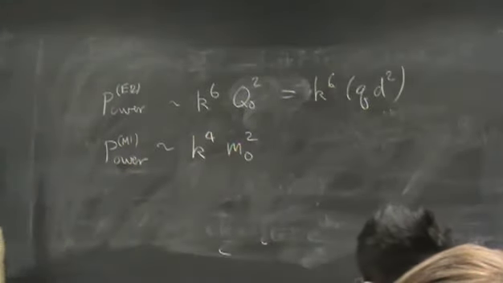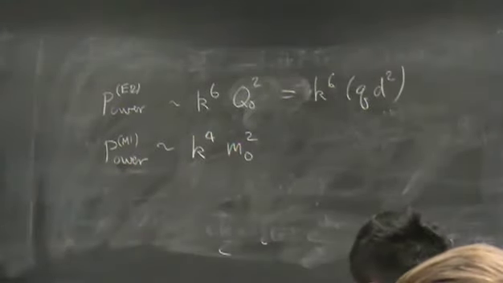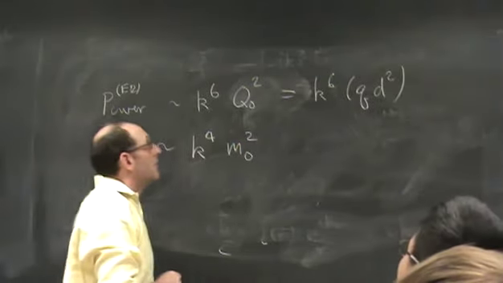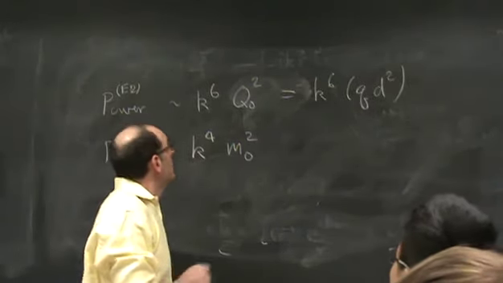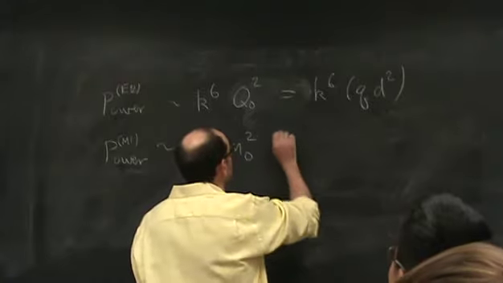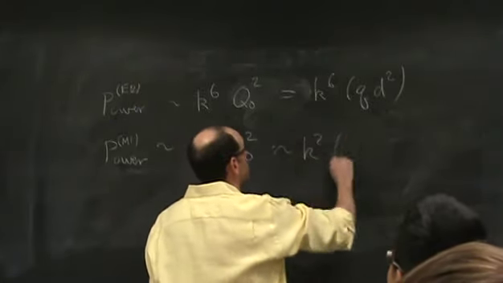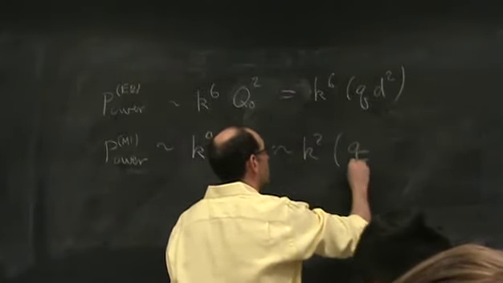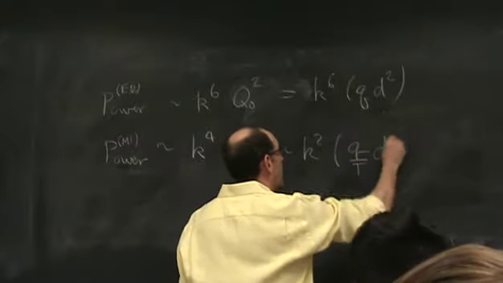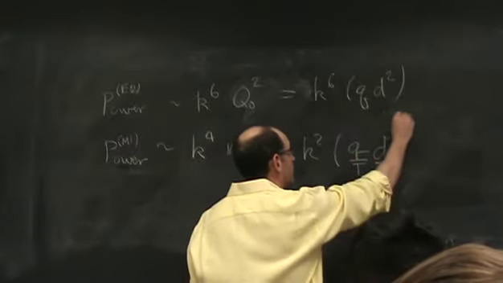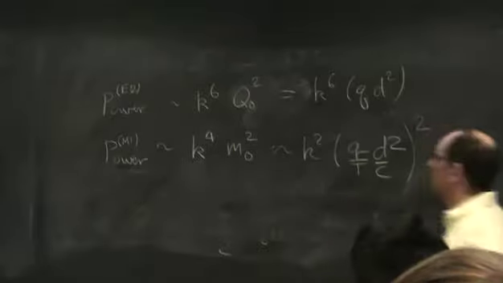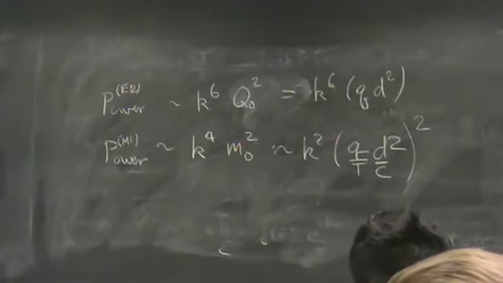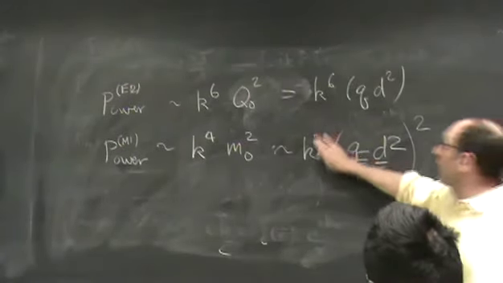That's what we had, right? But what's M naught? Well, M naught goes like the current times the area over C squared, K to the 4th, pardon me.